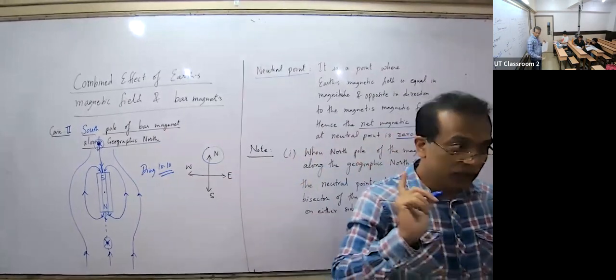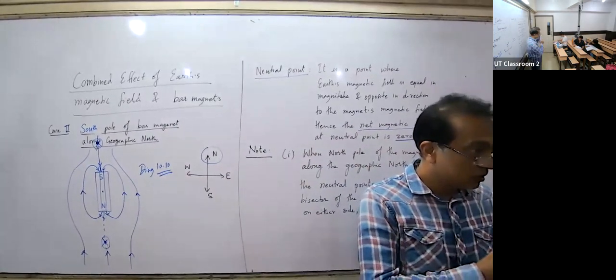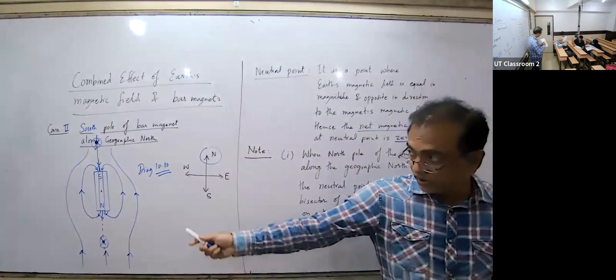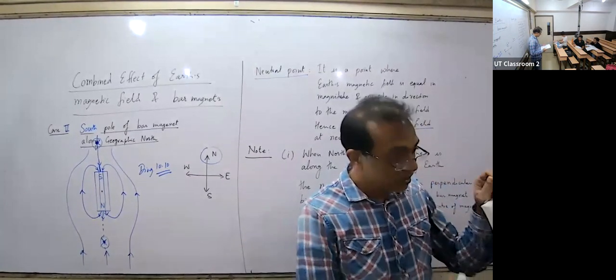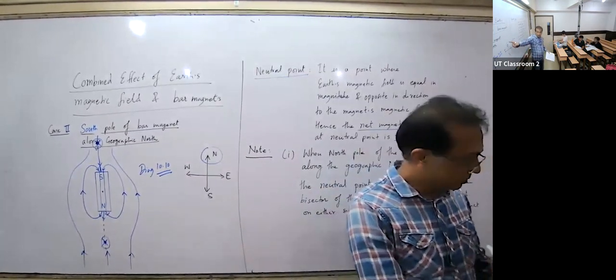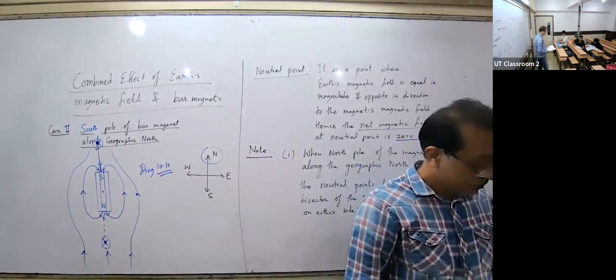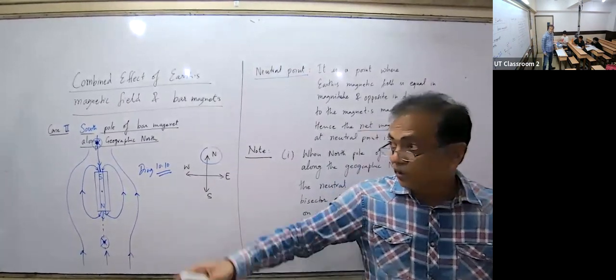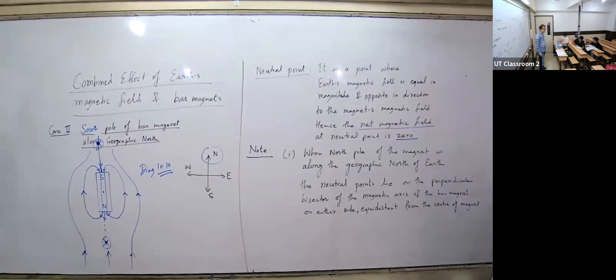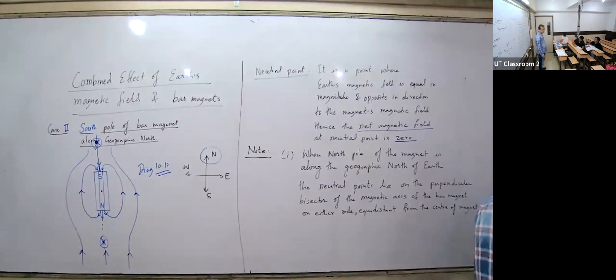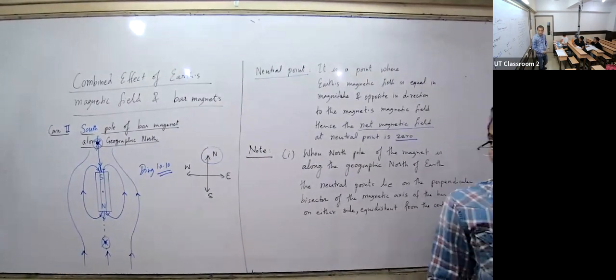Don't draw the diagram from here because it is slightly difficult to draw. So write down the title of this diagram: south pole of bar magnet along geographic north.